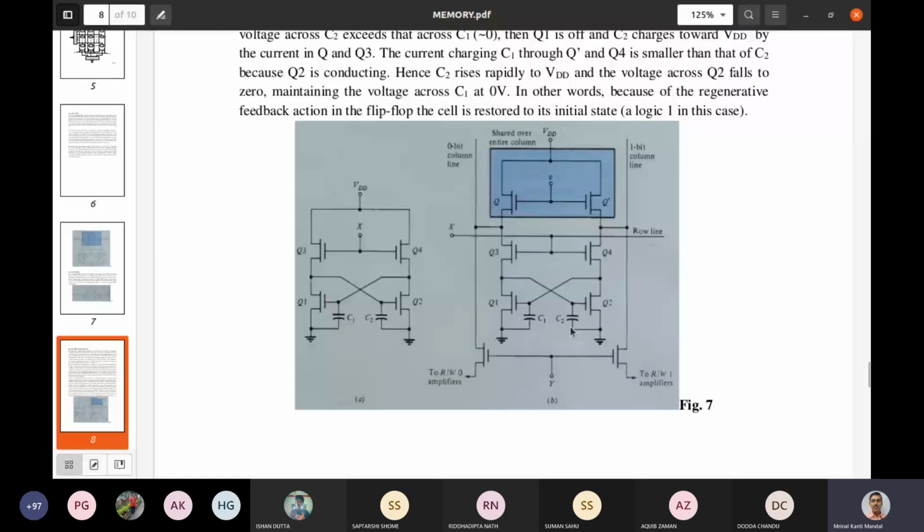But the cell has two stable states, so one capacitor voltage is always greater than the other. Whatever the lower voltage may be, the higher voltage will be charged up very quickly compared to the other one, and then it will retain its state, whether it is 0 or 1, and maintain its voltage level, so that it can act as a dynamic cell for storing the data 1 or 0.